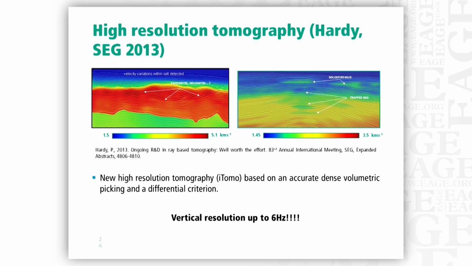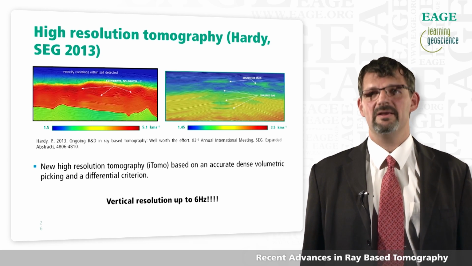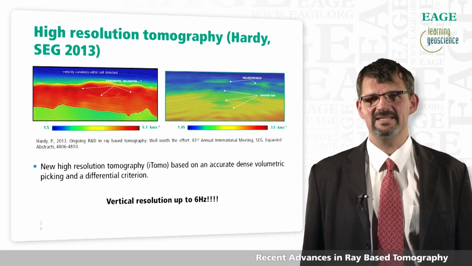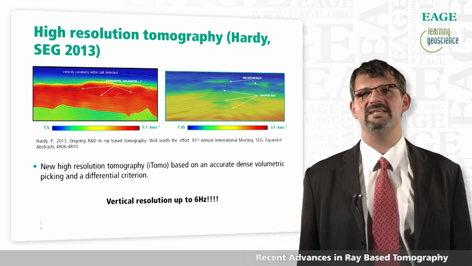Here is another example published last year at EAGE by PRD, showing a new high-resolution tomography based on accurate dense volumetric picking and a differential criterion. What is interesting is that the vertical resolution obtained is up to 6 Hz.